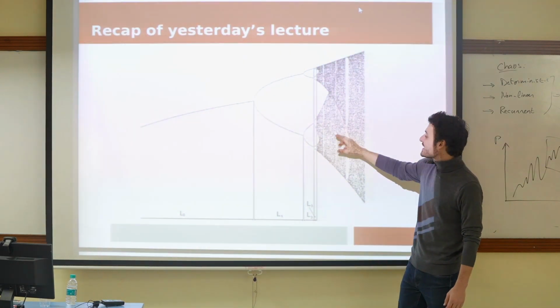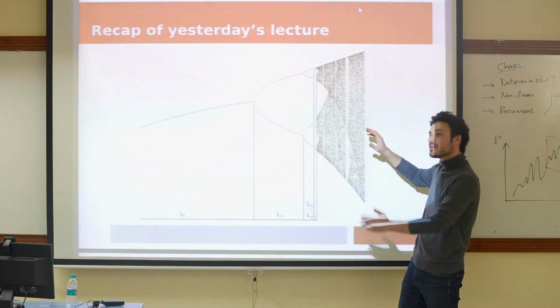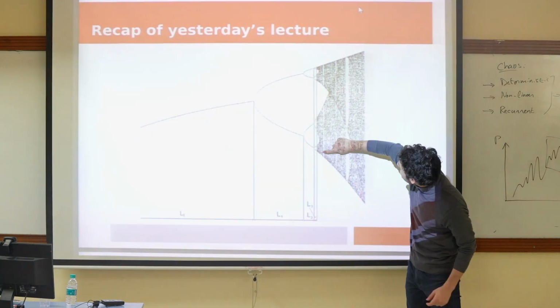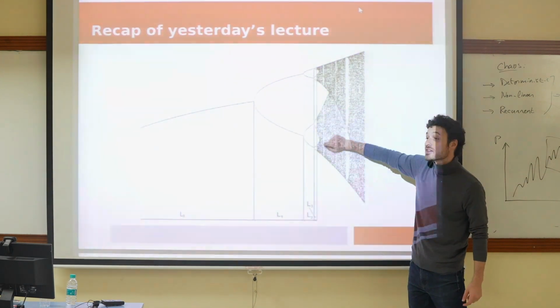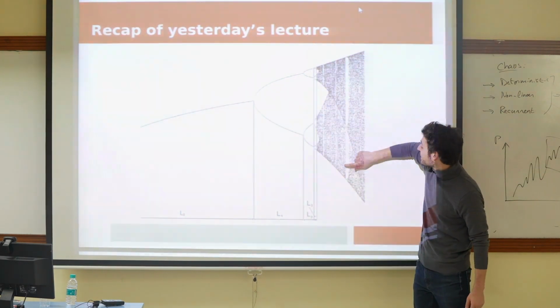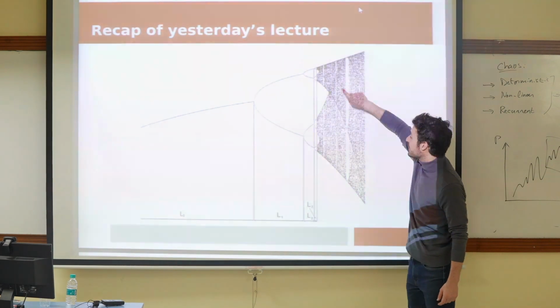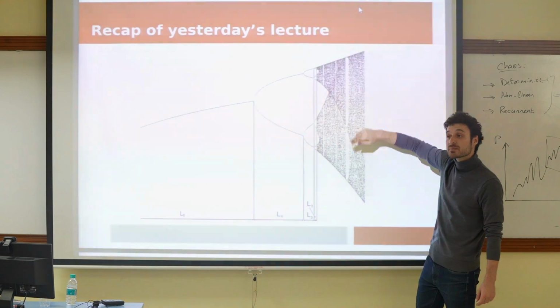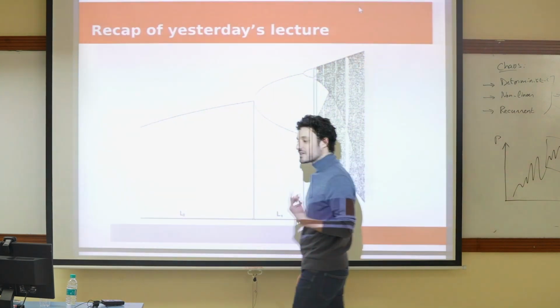But the point is that in any chaotic system, after the first region of chaos, there are always regions of order. If you look here, there's a gap. That gap is actually a region of periodic behavior. If you look here, there's another gap. There's a big gap here, a period 3 loop. And this one is also, again, periodic behavior. So this is one of the fundamental things about chaos.